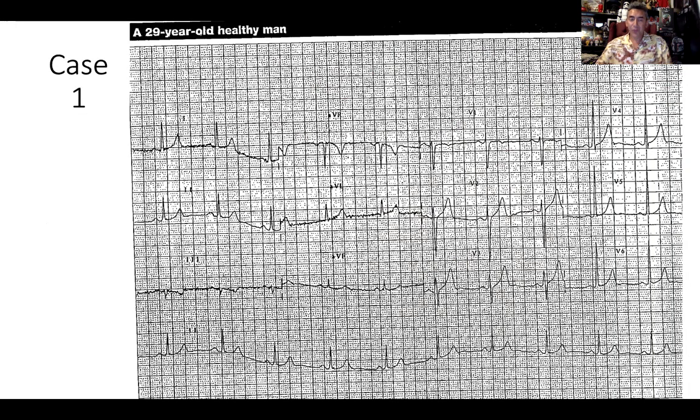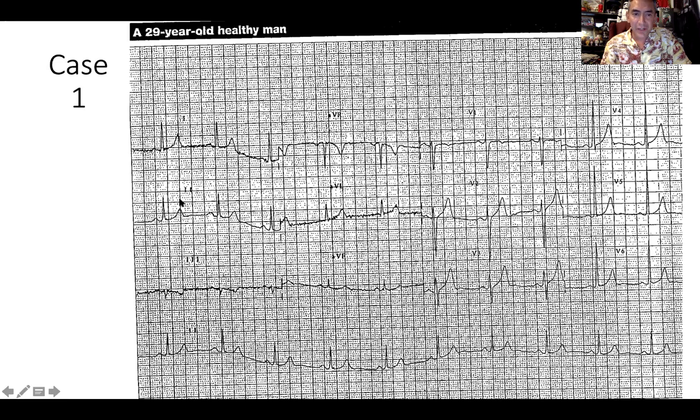So I give you these homework problems. I tried to scan them as best I could. I'm sorry they didn't come out so great, but basically I would like you to look at these as cases. Case one is a 29-year-old healthy man.